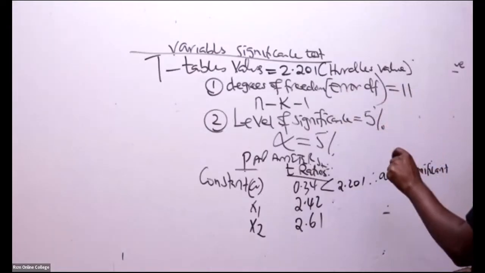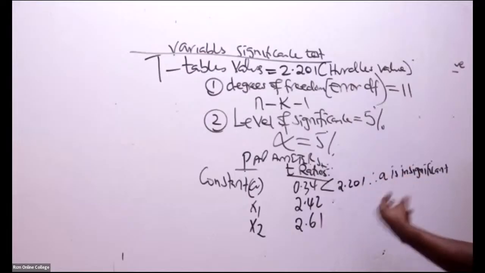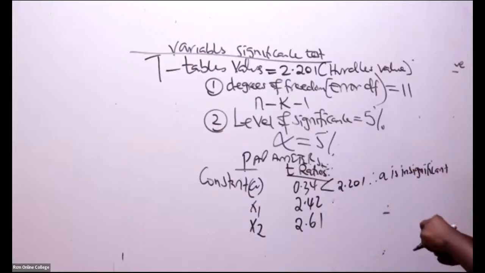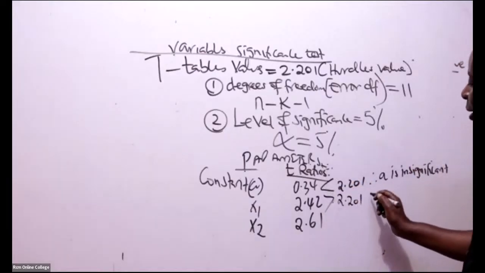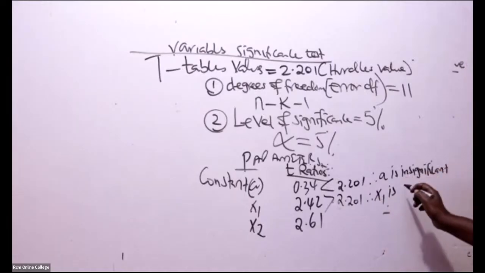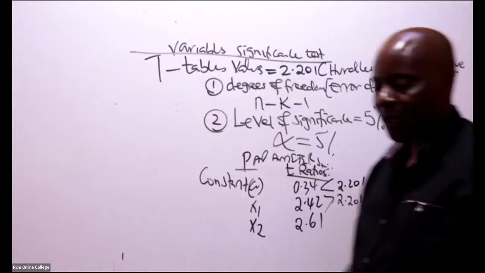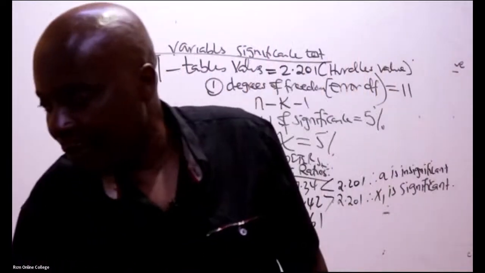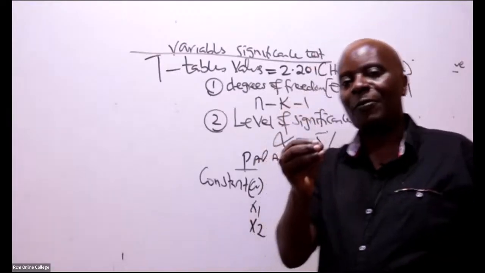But when you look at x1 and x2, these are robust. They are very significant. They are higher than this. So this is more than 2.201, meaning that x1 is significant, because already we were able to get the threshold of significance.